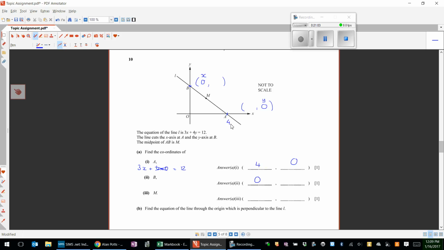Do you notice how I'm writing it on my diagram? Just because it might help me with another point. B is the same idea, although this time x is 0. So 3 times 0 plus 4y equals 12. 3 times 0 is nothing, so 4y equals 12, which means y must be 3.